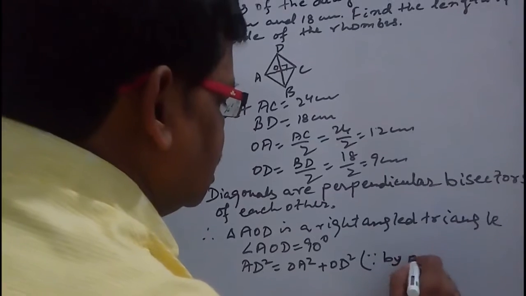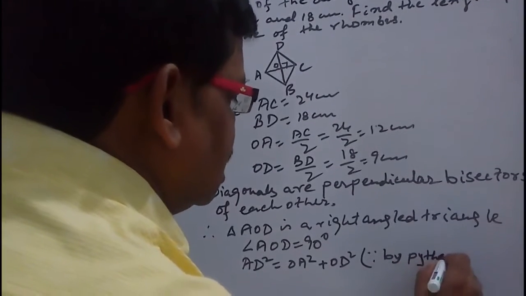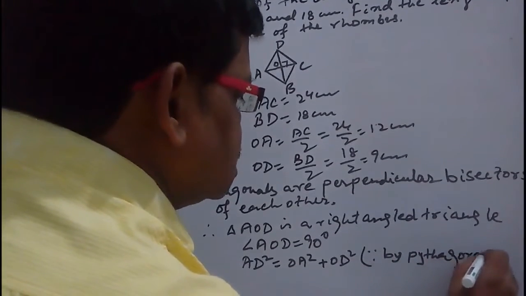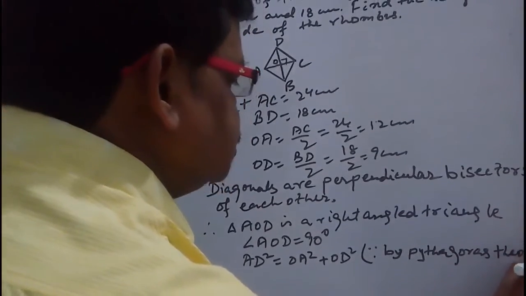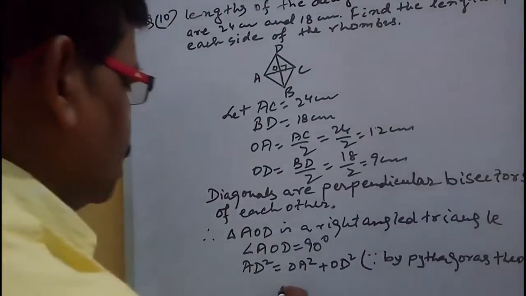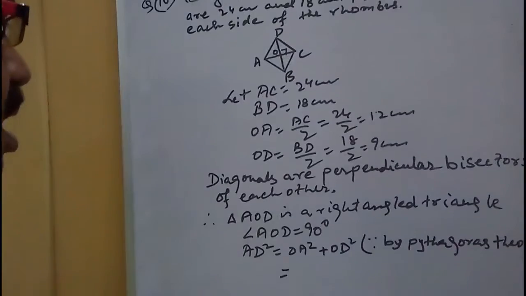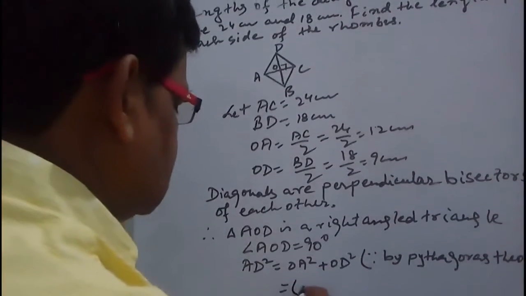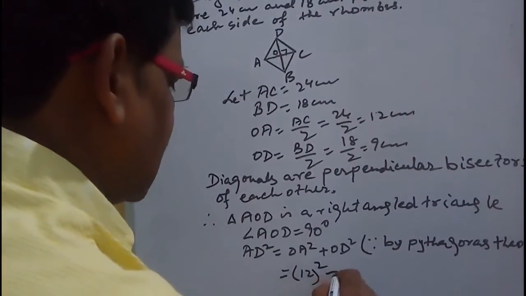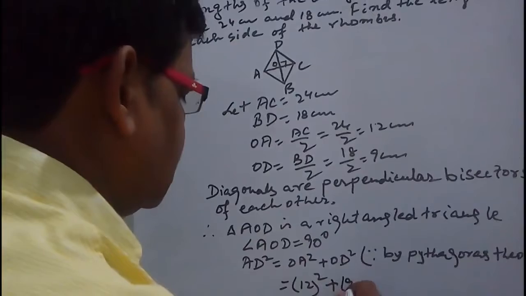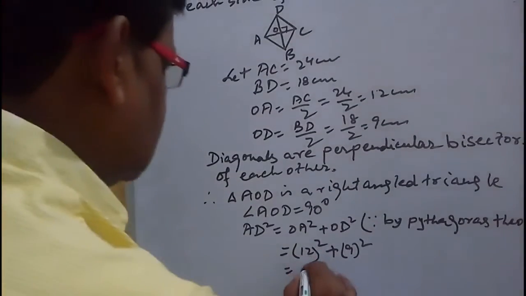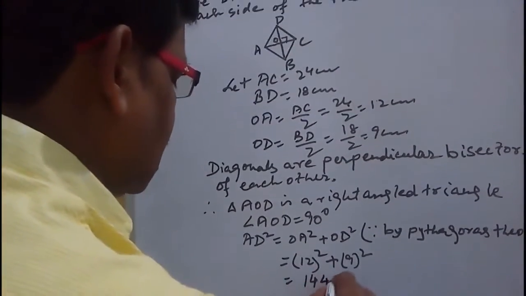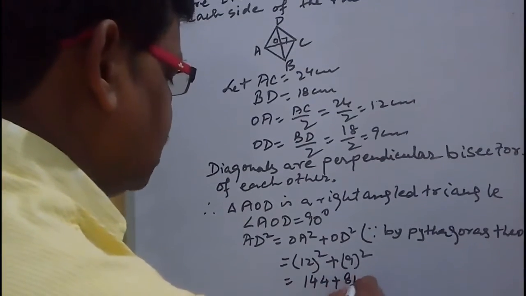by Pythagoras theorem. Now put the value of OA and OD. OA is 12, OD here is 9, square of 12, that is 144, square of 9 is 81.